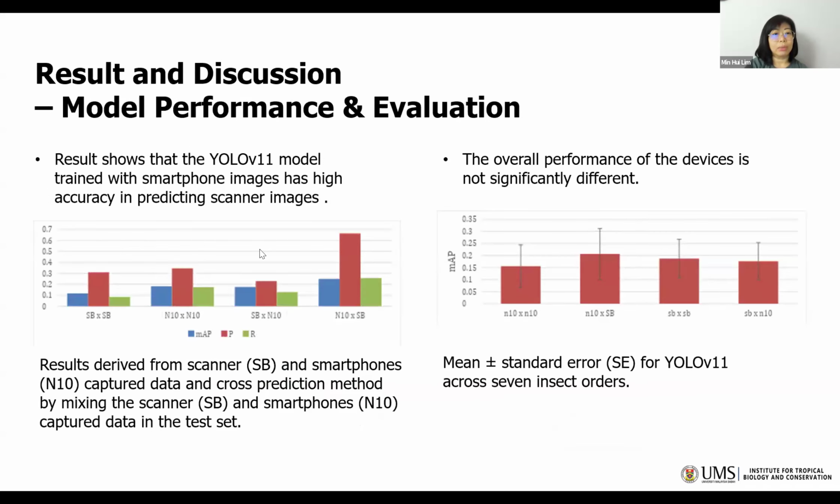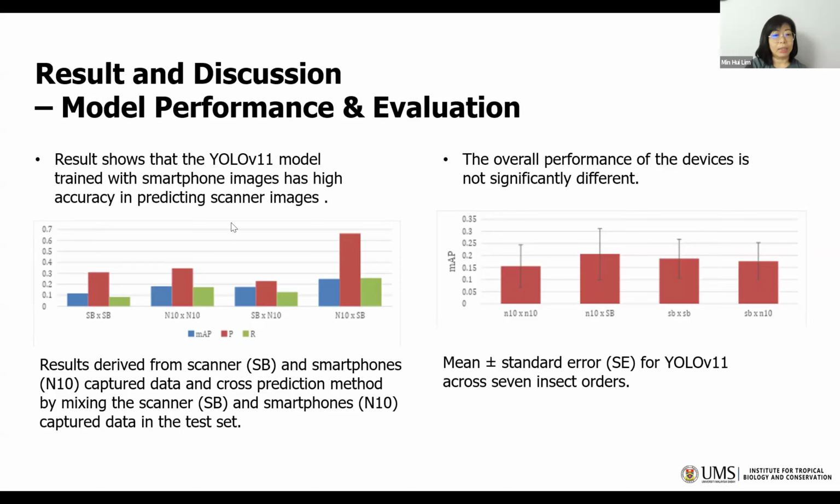So let's go into the model performance and evaluation. The result shows that the YOLO v11 model trained with smartphone images has high accuracy in predicting scanned images. Our results, derived from scanner and smartphone captured data, used a cross-prediction method by mixing the scanner and smartphone captured data in the test set.